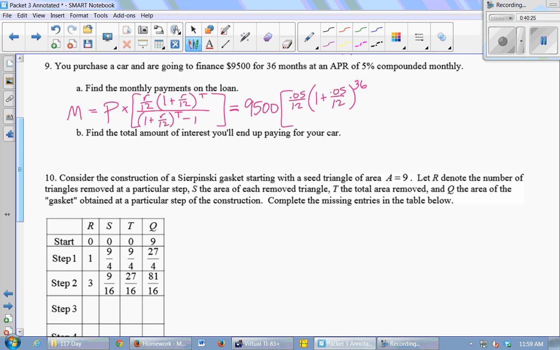We're making monthly payments for 36 months, so this is 36 payments. And then I'm going to divide all that by 1 plus 0.05 over 12 to the 36 minus 1.